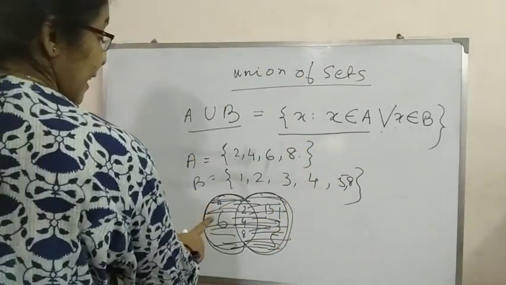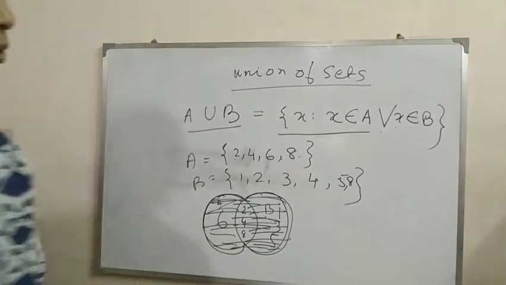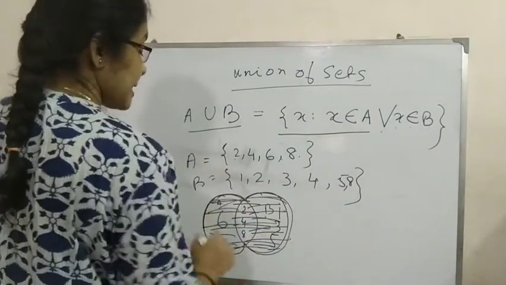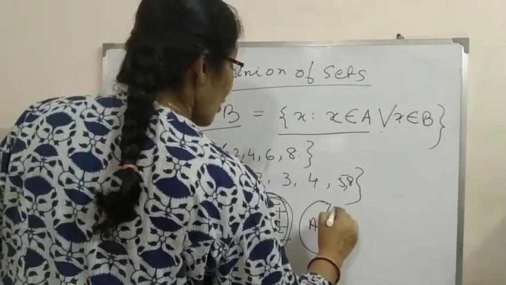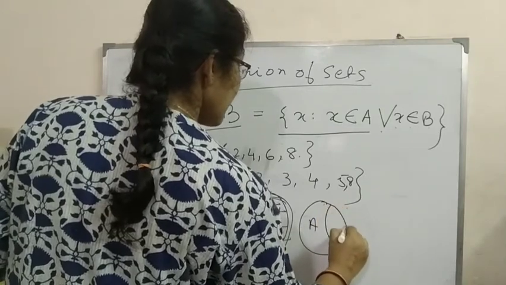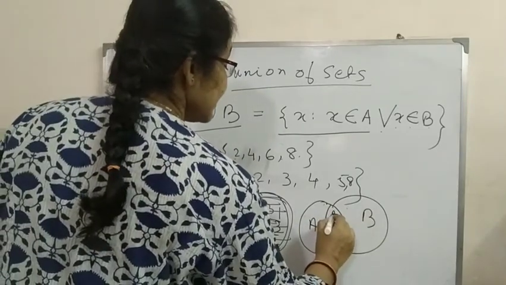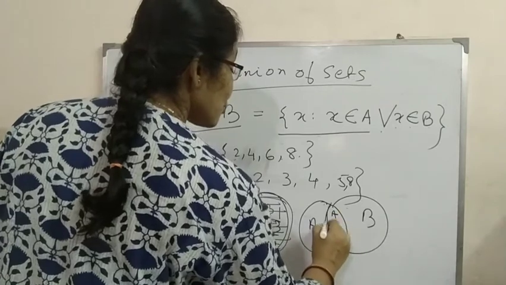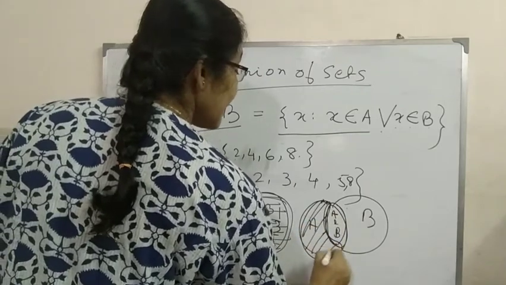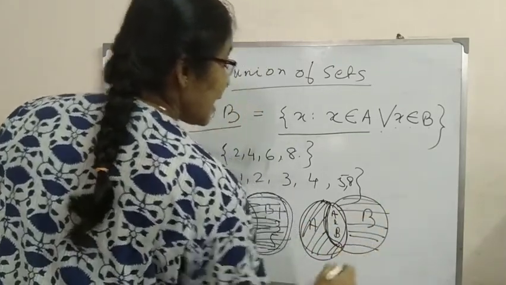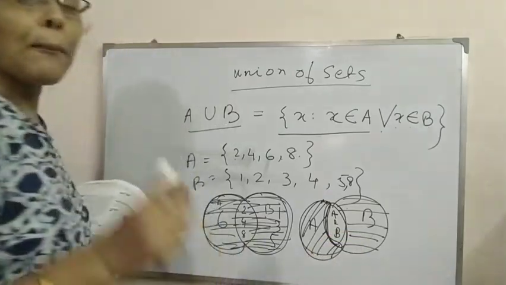X belongs to A or B or A and B both. A union B means X belongs to A, that means only A, or X belongs to only B. This is A and B, the common portion of A and B. This is only A, this is only B, and this is the common A and B. This is called the Venn diagram.